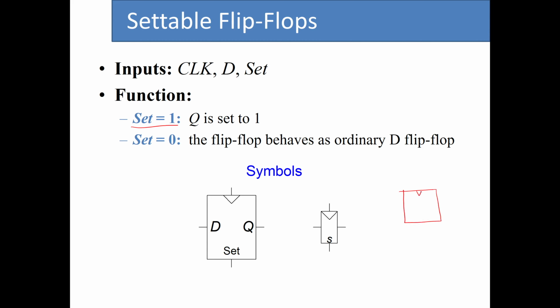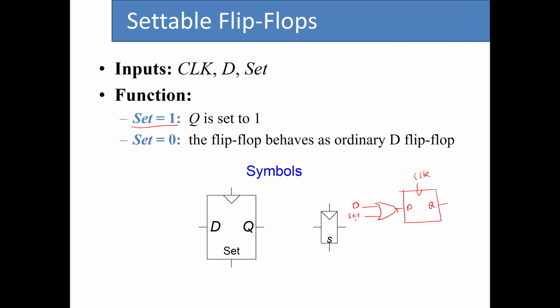Assume this is the clock signal, this one is the Q output, and this one is the D input. What I need to do is to basically pass the set signal with the data that we want to store and OR these two together.